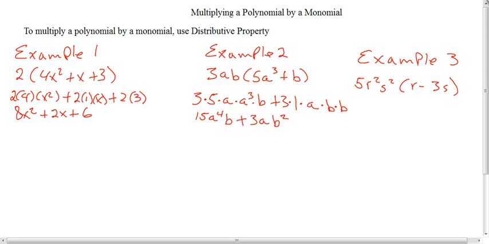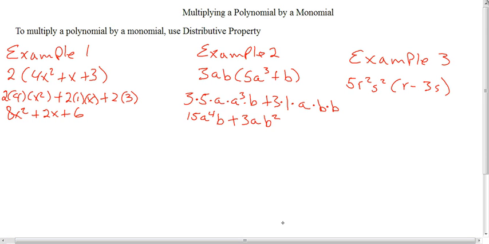Okay, so let's take a look at problem number 3. With problem 3, we have literally the same, except this is being multiplied by a binomial, same as example 2. So let's just go ahead and take a look at how this is going to transpire. So we have 5r squared s squared times r to the first power minus 3s to the first power.